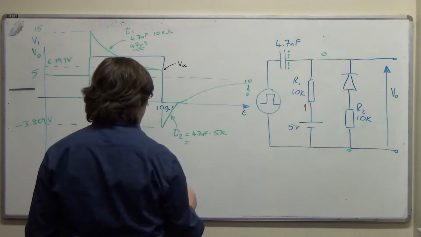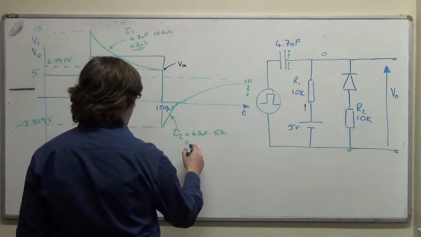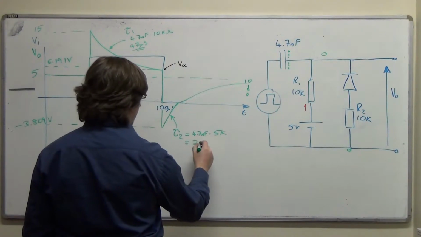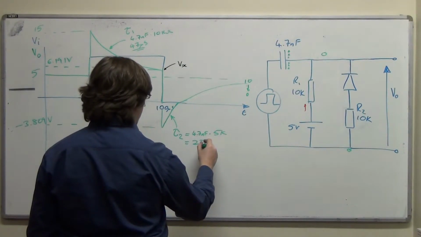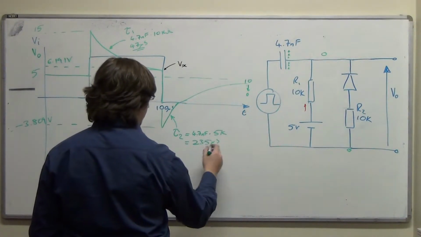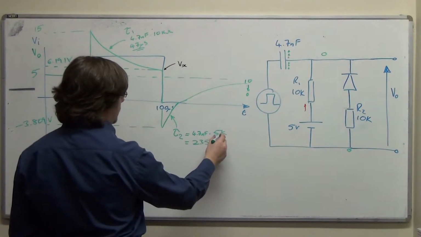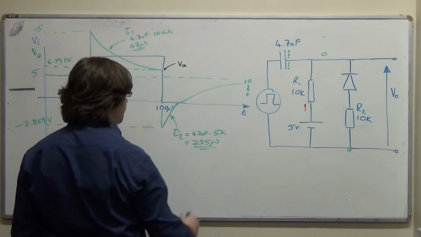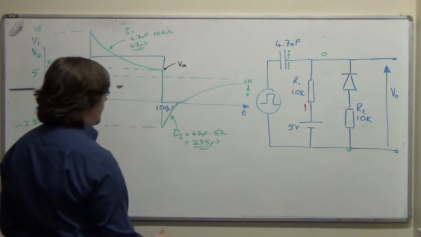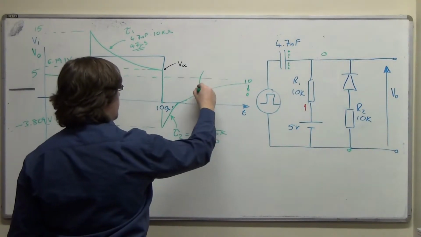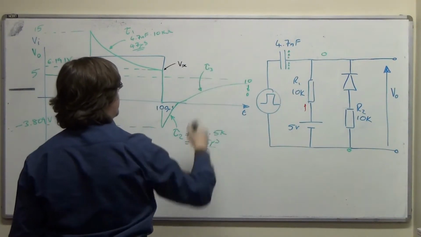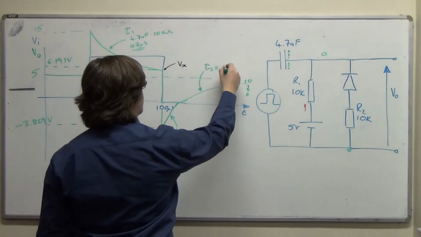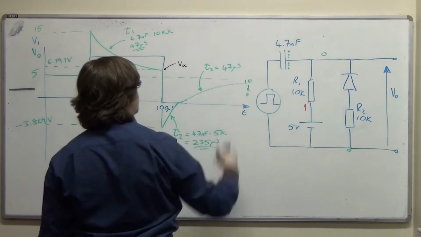So that will give us half of 47, 23.5 microseconds for a time constant, because that's 10 to the 3 and that's 10 to the minus 9, so it'll end up being microseconds. And then we'll have yet another time constant here, which is tau 3, and that will be just the 10k and the 47 nano, so that will be 47 microseconds.